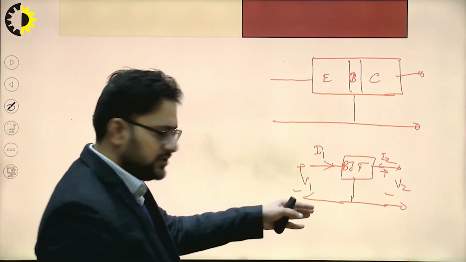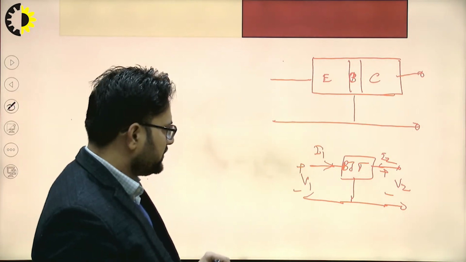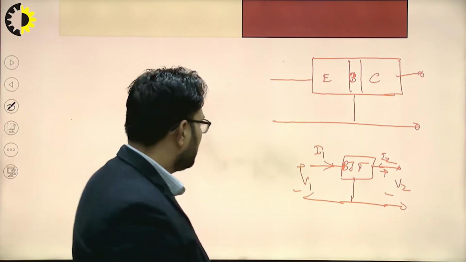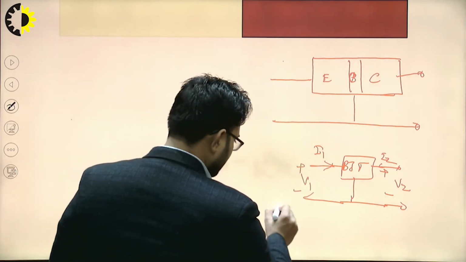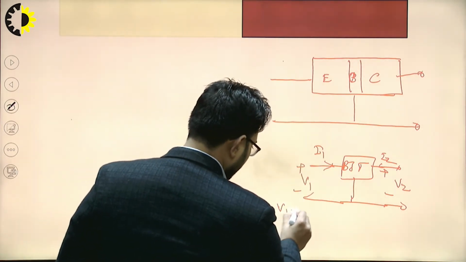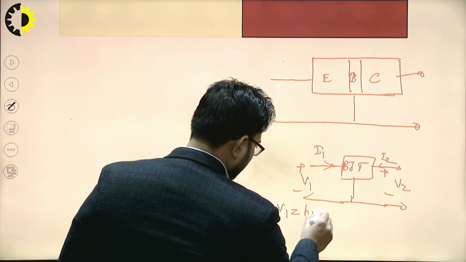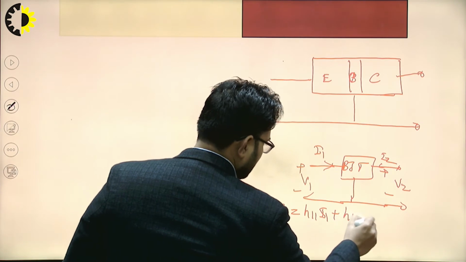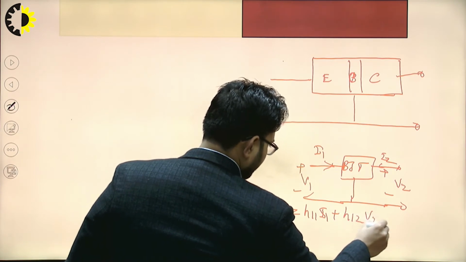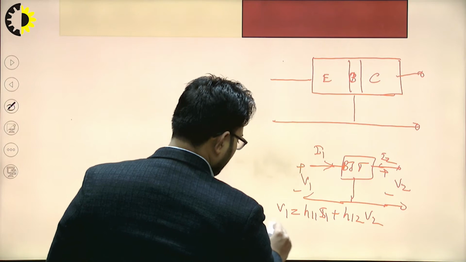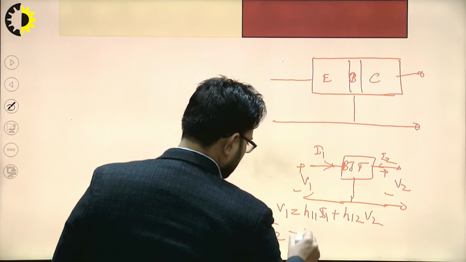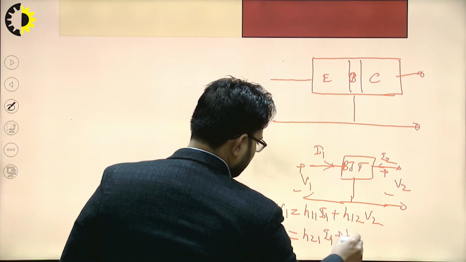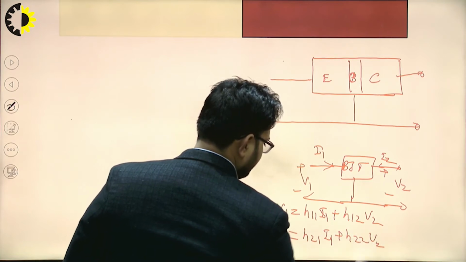If we want to draw the H parameter model, it is V1 equal to H11 I1 plus H12 V2, and I2 equal to H21 I1 plus H22 V2.